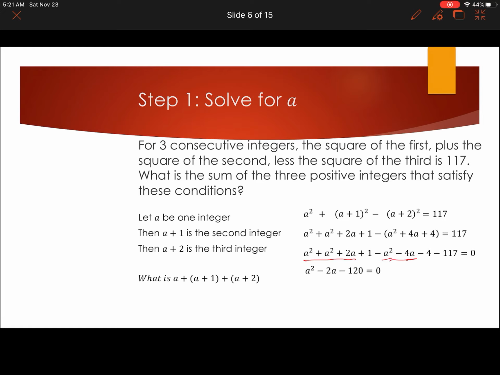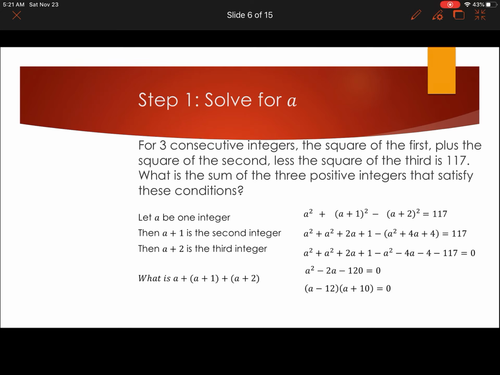And then the next like term is negative 117 minus 4 minus 1, that's 121, plus 1, equals minus 120. That's where we got that from.